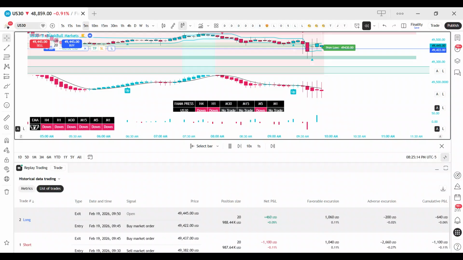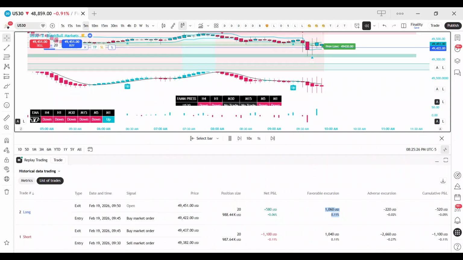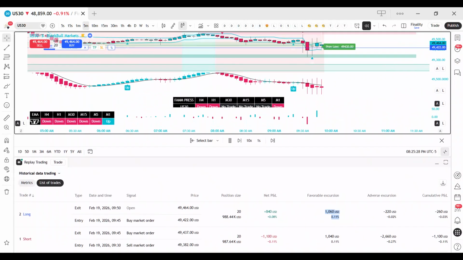So favorable excursion, probably 900. That's another 1,000 on the board right here, right? So 1,000 up, 1,000 down, 1,000 up, 1,000 down, and that's what it was, right? So here it is again, 800, 1,200.